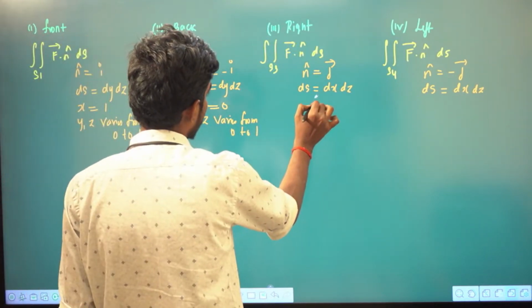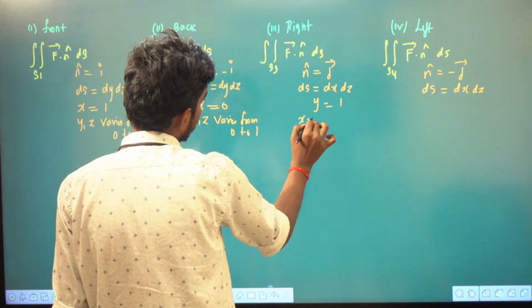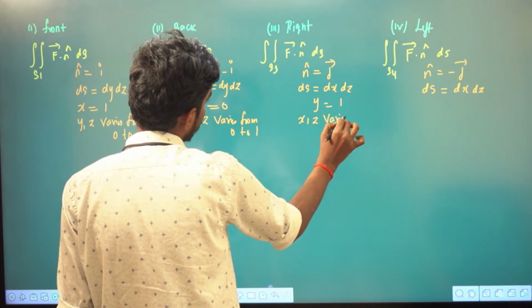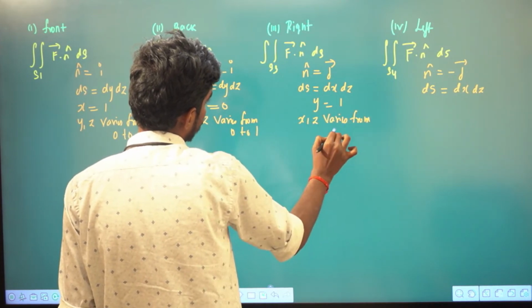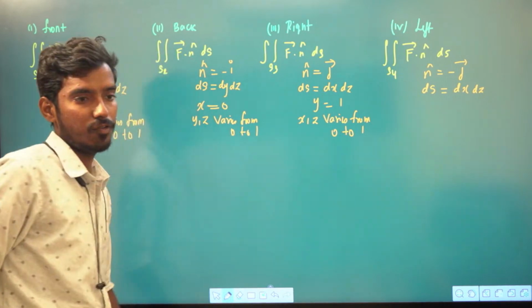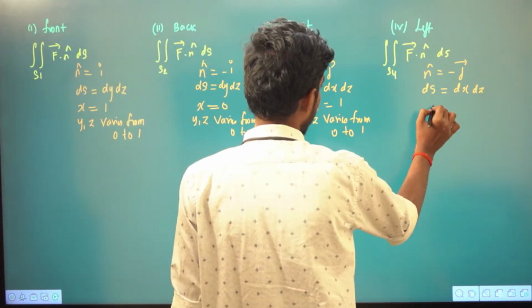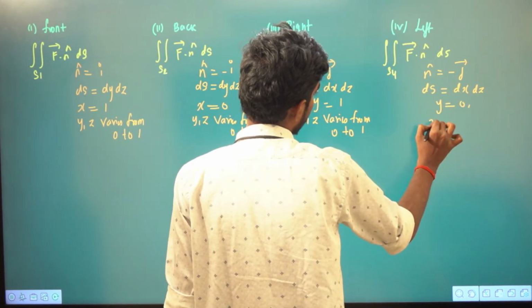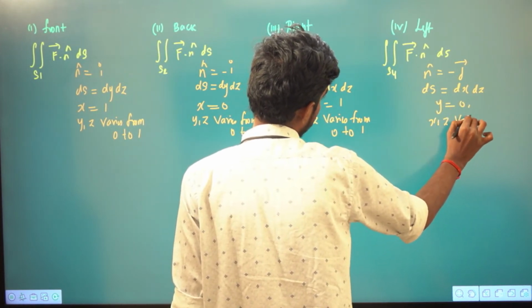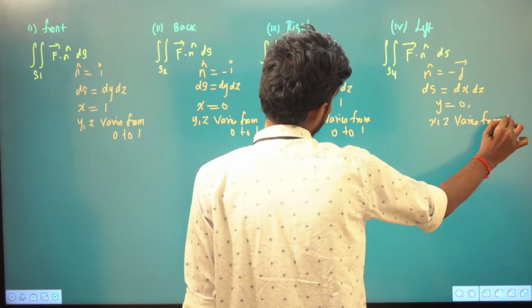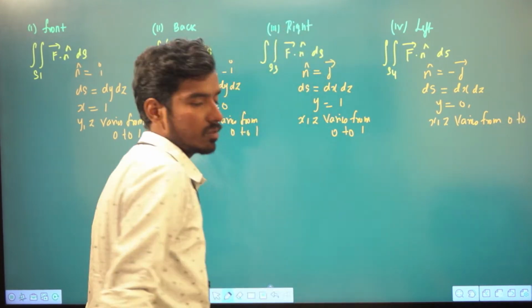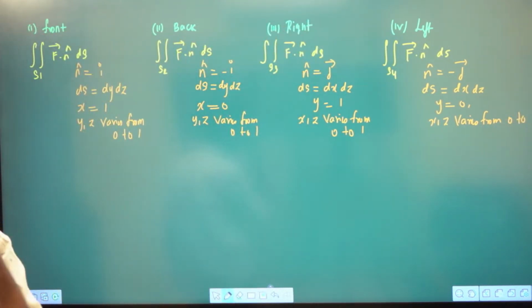And here y is equal to 1 is fixed, x and z vary from 0 to 1. See, after doing one problem itself, this problem seems to be comfortable for you. And here y is 0, x and z vary from 0 to 1, because in the question x varies from 0 to 1, y varies from 0 to 1, z varies from 0 to 1.